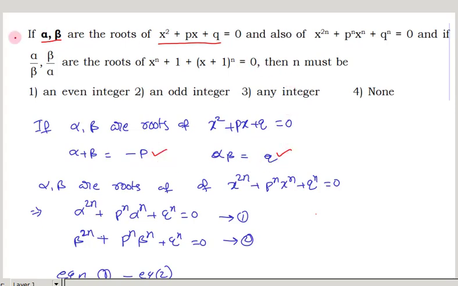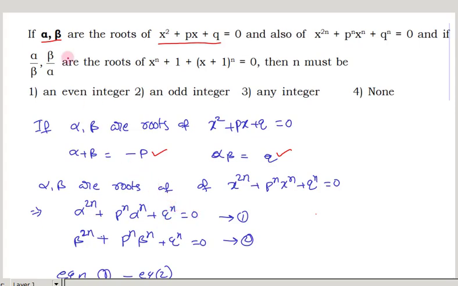As I mentioned, alpha and beta are the roots of this equation: x to the power of 2n plus p to the power of n into x to the power of n plus q to the power of n is equal to 0. In the place of x, if we substitute alpha, we get equation 1, that is alpha to the power of 2n plus p to the power of n into alpha to the power of n plus q to the power of n is equal to 0.